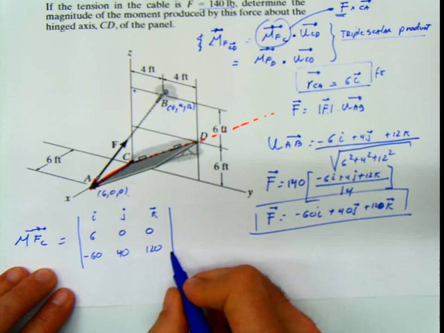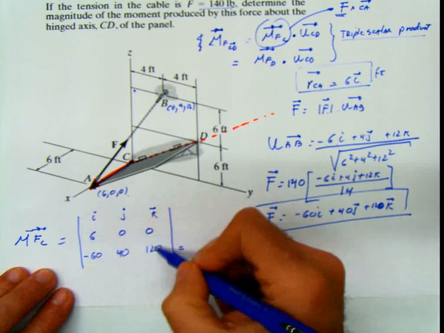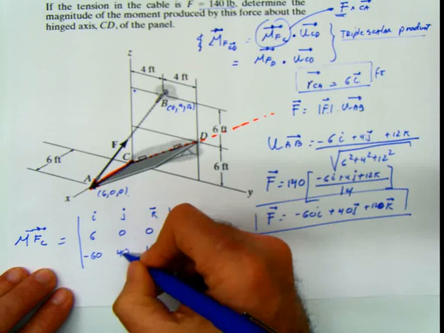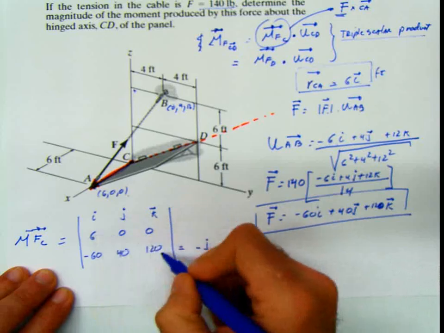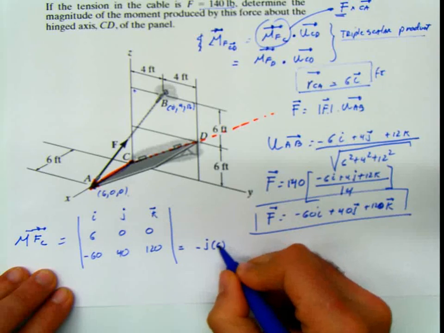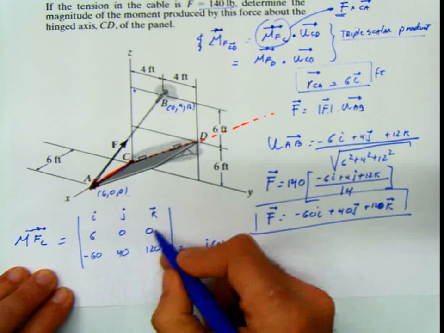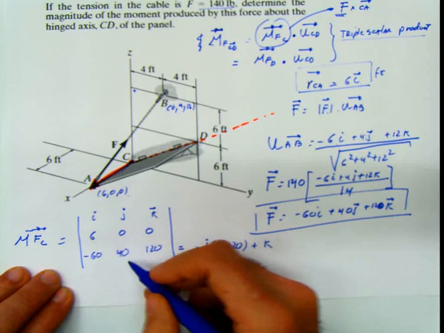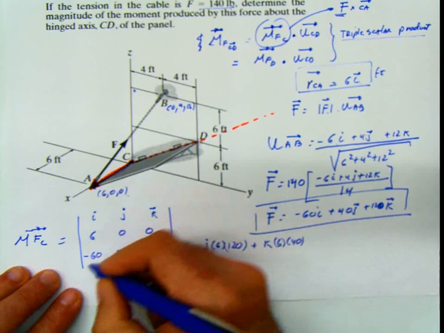And that is going to be basically I, that multiplies 0 times 0, 0 times 0 is 0, minus J, that multiplies 6 times 120, this times this minus 0, plus K, that multiplies 6 times 40 minus 0.